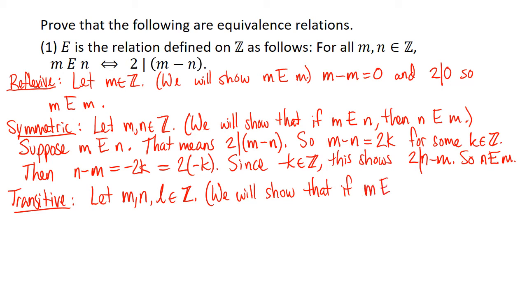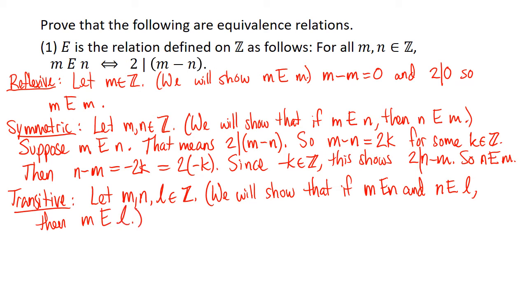So if M is related to N by E, and N is related by E to L, then we can sort of transit between M and L along that little chain there. So M would be related by E to L, like that.